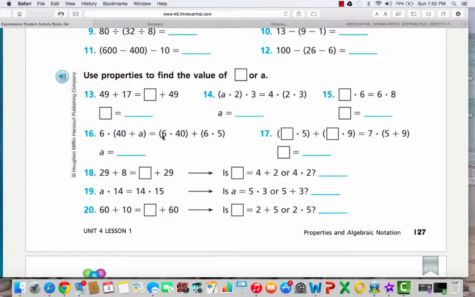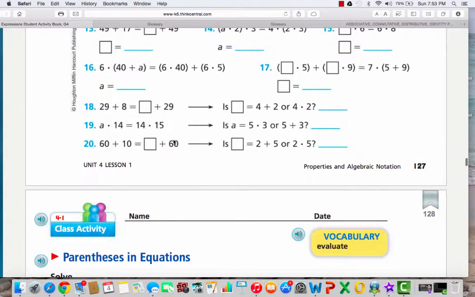So if you know you have 6 on this side, you have 40, that's the only digit that's missing. The 5 should go here. So it should be 6 times 40 plus 5. So 40 plus 5, if you do that, then multiply that by 6. It should be the same as 6 times 40 and 6 times 5, and then adding this product and this product together to get the same sum as this. Take a look and try it out.